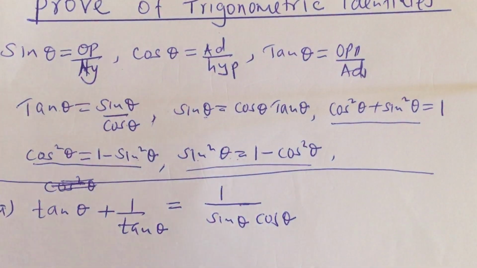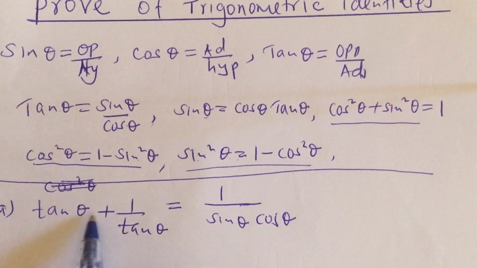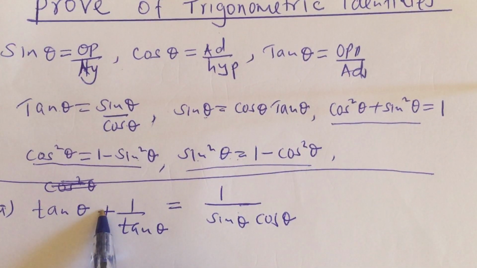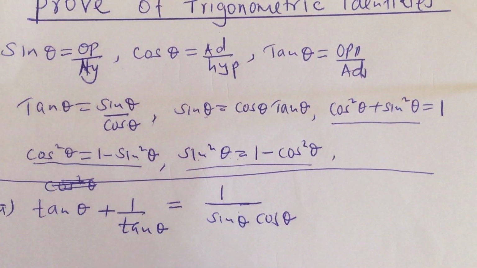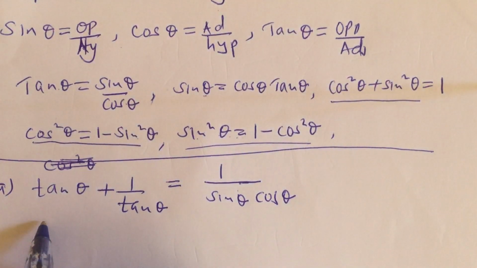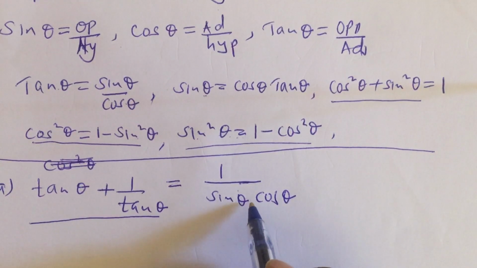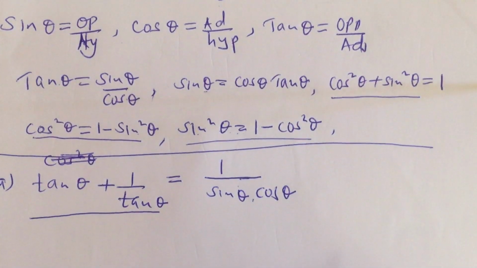So this identity, they want you to prove that the left-hand side equals the right-hand side. Are you together? The right-hand side equals the left-hand side, or vice versa. So from here, I want to prove that this left-hand side is the same as this right-hand side. And how do you do it?